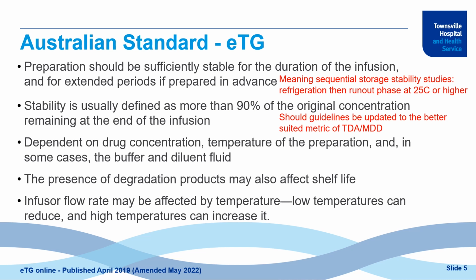So if an infusion broke the 90% threshold at the 23.5-hour mark and dropped just under 90%, that would be deemed unsuitable for use in OPAT. But that infusion may have delivered 95-96% of the total desired dose over the course of the 24-hour period. So there are some gaps or some possible deficits in guidelines in that sense.